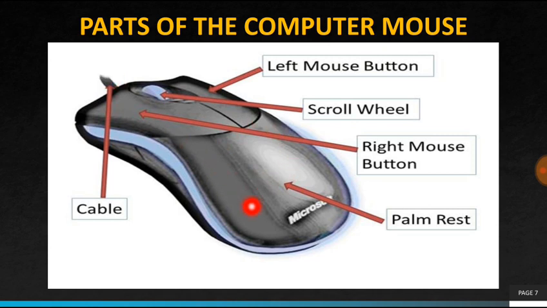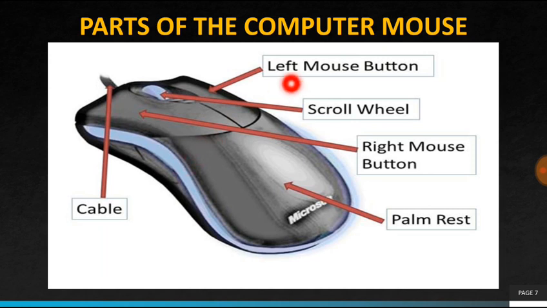Then at this side, we have the palm rest or the body. So the mouse has 5 main parts. We have the right mouse button, the left mouse button, the scroll wheel, the palm rest or the body, then the cable or the cord. So these are the parts of the computer mouse.